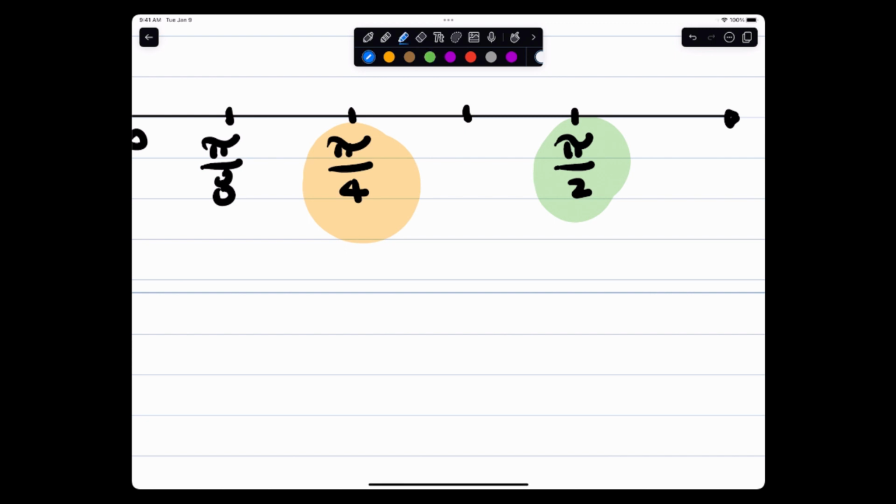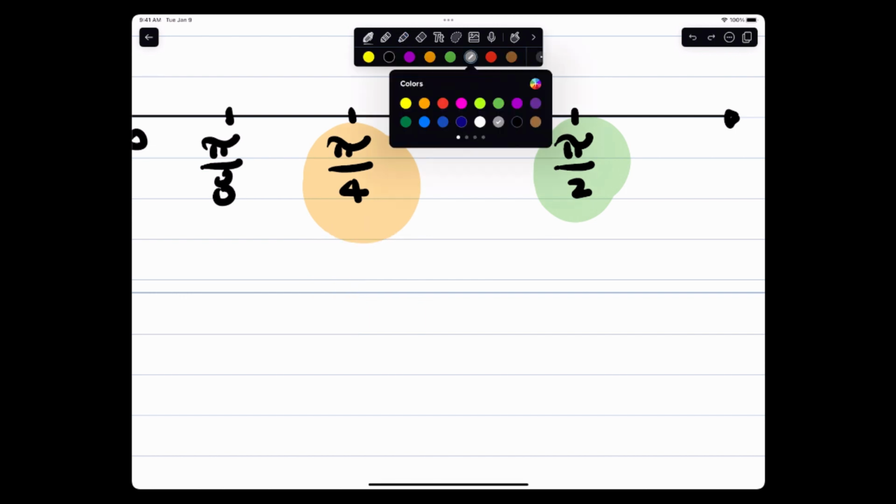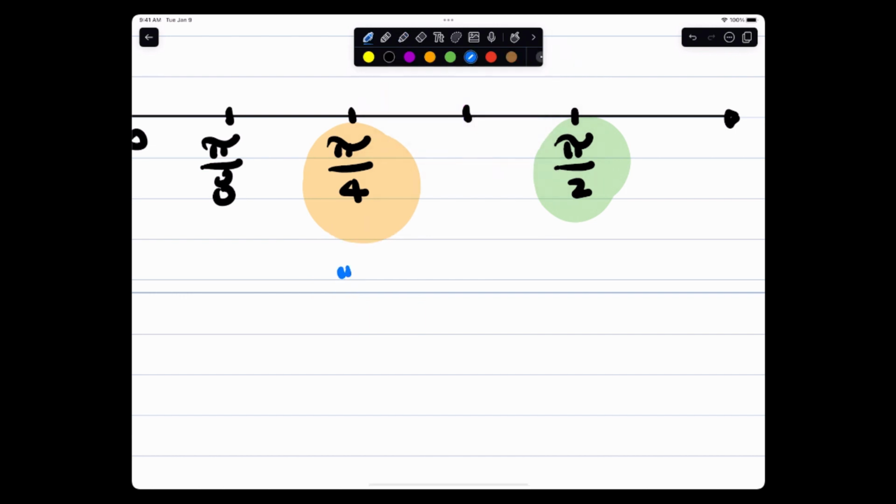What do we do with that arithmetic? Pi over 4 plus pi over 2 divided by what? Divided by 2, is that right? Midway? Is that right? You guys okay with that one?